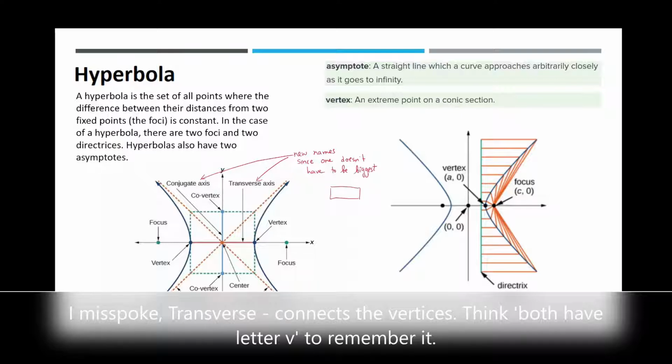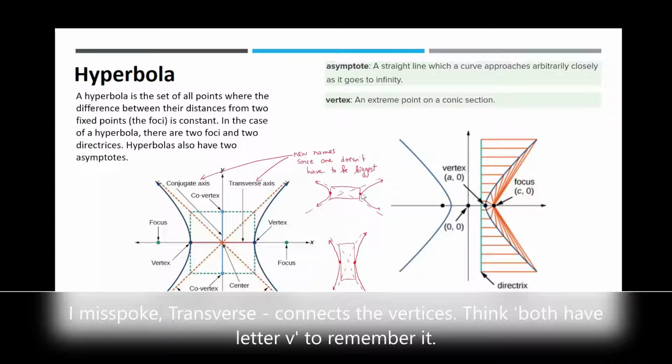So let me demonstrate that. If we had a box that is more narrow vertically, then the asymptotes would be going through the corners of this box. If the vertices were oriented horizontally, then this is how it would look. In comparison, if the box was more vertical than horizontal, and the vertices were still going in a horizontal orientation, then the hyperbola will be more wide in its curvature than it was up here.